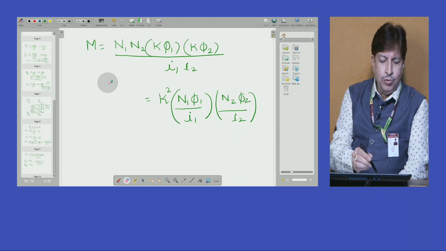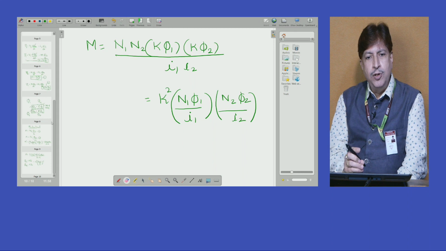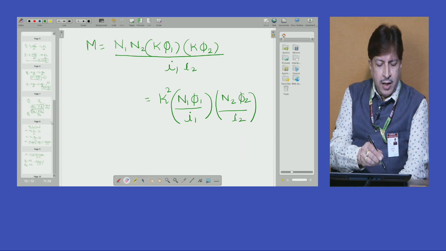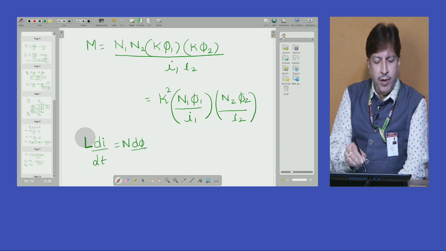The self-induced EMF in any coil can be represented in terms of L di by dt, or it can also be represented in terms of N d phi by dt.